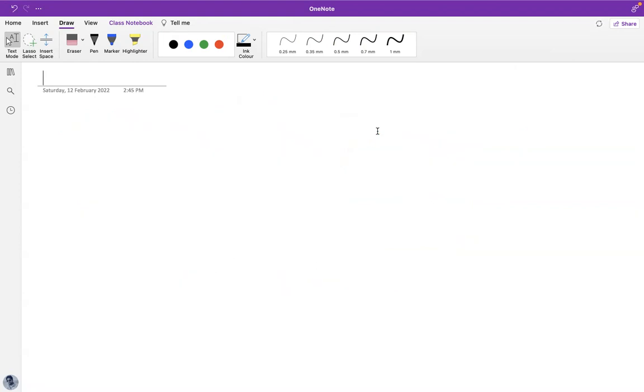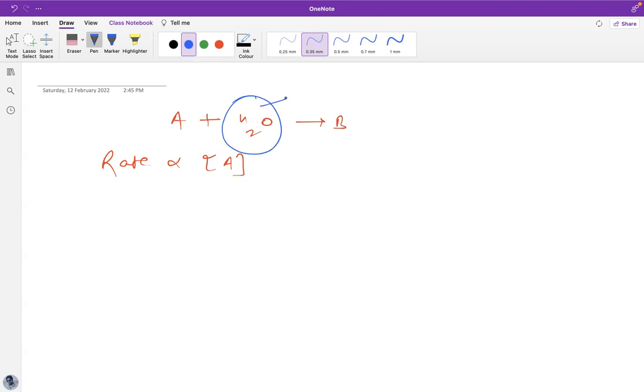Suppose a very famous reaction we have. And one more thing I want to tell you. Suppose you have A plus H2O that gives B. If you apply the rate law, it is directly proportional to only A, not H2O, because H2O is a liquid present in excess.